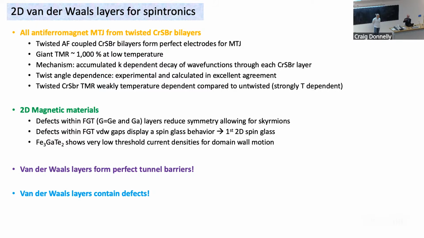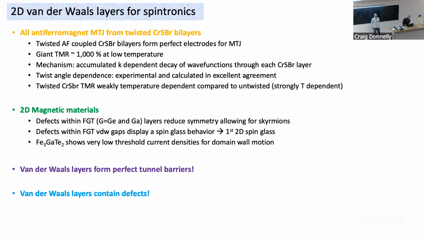We made all of these devices where we don't worry about the relative orientation of the graphite layer or the graphene layer and the chromium sulfur bromine layers. So it doesn't seem to play a role because we see this beautiful correspondence between the experimental dependence of the tunneling mediated resistance on twist angle and theory. So we don't think that's important. But it's a very interesting question. Of course, it might be important if we use electrodes formed from other metallic 2D systems.